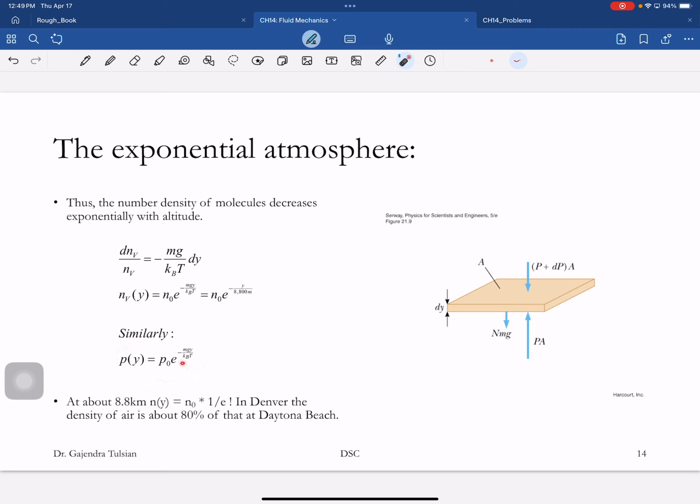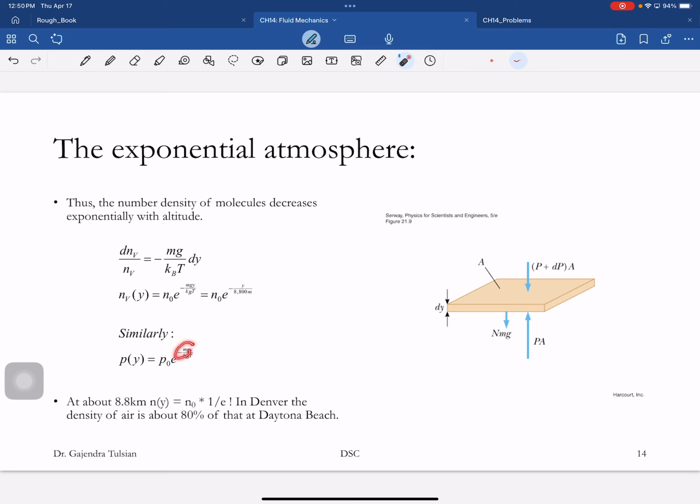Here, this is interesting: this expression, mgy, is the potential energy of a single molecule, divided by kT. You'll learn about this in physics too. k is Boltzmann's constant and T is the absolute temperature.